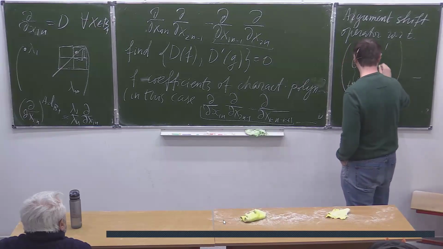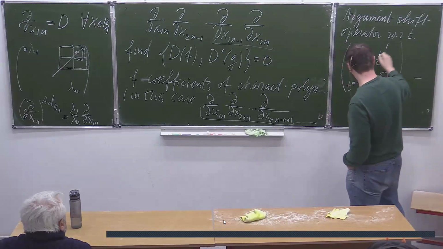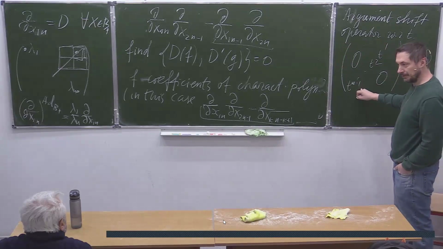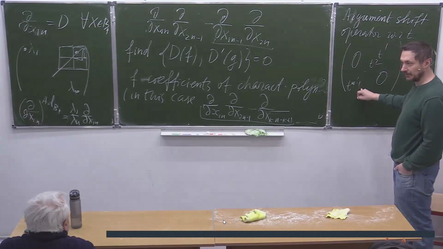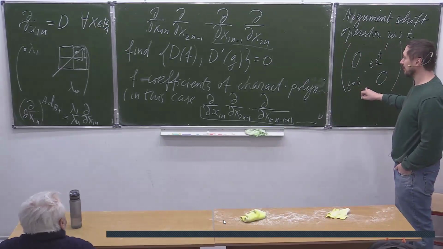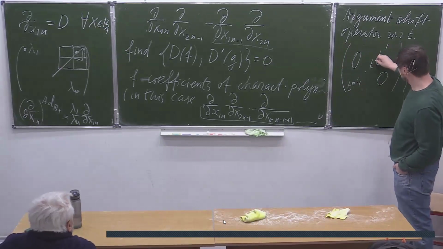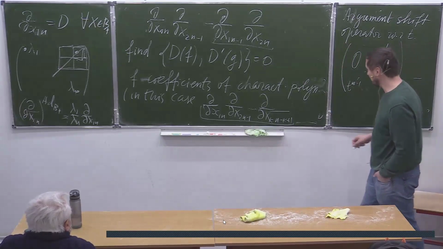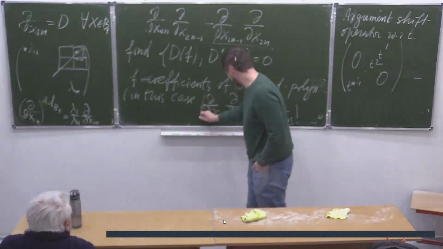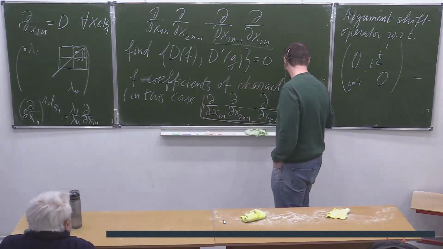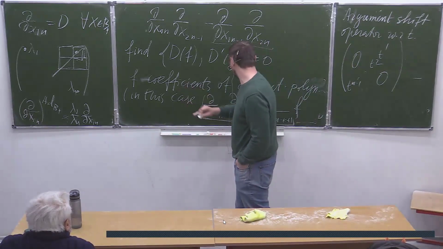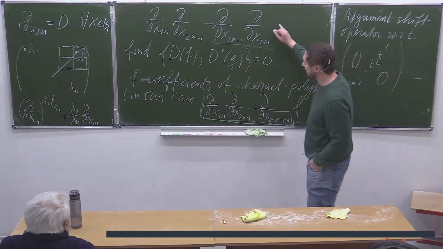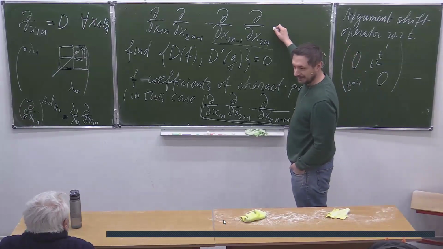So if you shift my matrix, my function by this, then I get, due to the argument shift method, a series of commuting elements. But since they commute for all values of t, they actually will commute. It will give us that these operators f, where f are the coefficients of the characteristic polynomials, will also commute, and they will also be B plus invariant if I take their ratios.